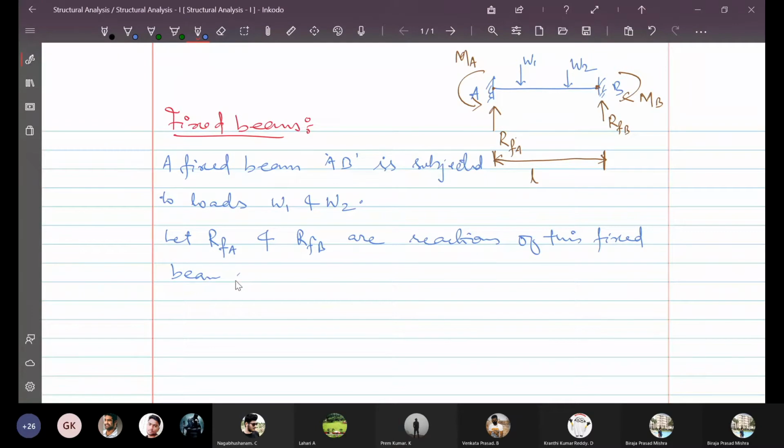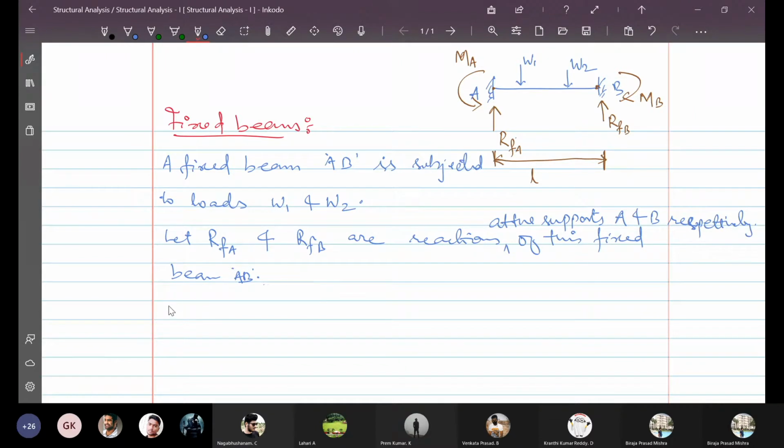Okay, let RFA and RFB be the reactions at the supports A and B respectively of this fixed beam.